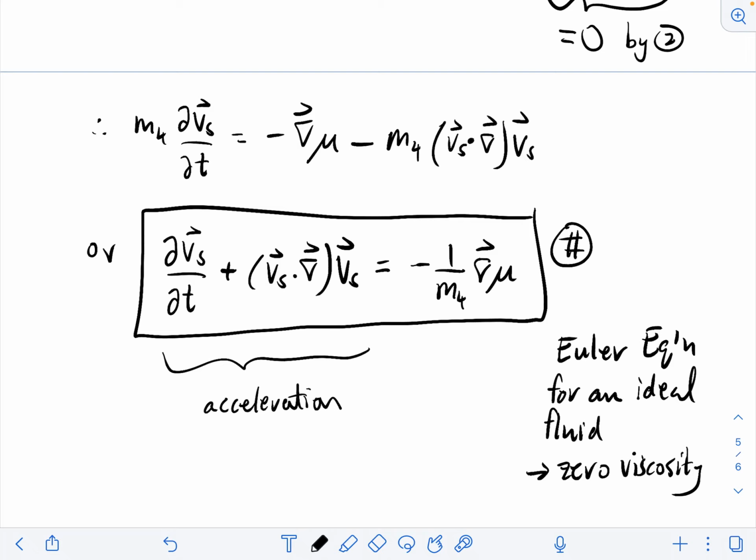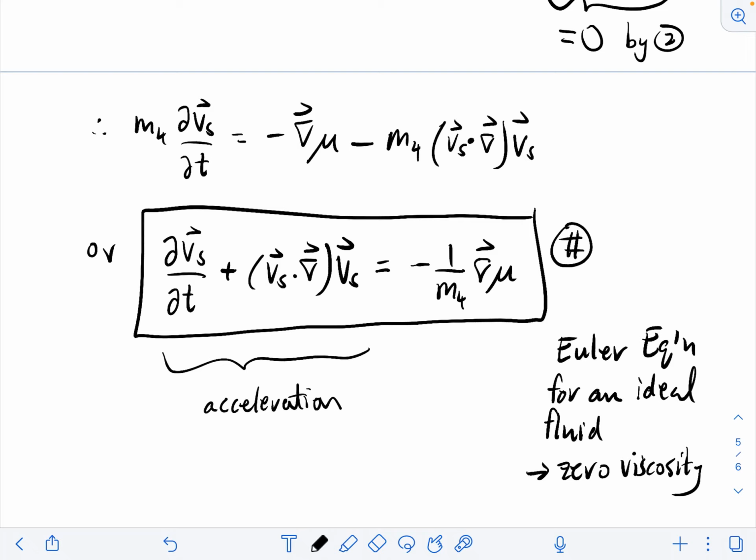On the right-hand side, we have the chemical potential, which we interpreted as the potential energy per particle, and then we're taking the gradient of that. And so the gradient of a potential energy is minus the force, and so we have minus the gradient of mu, which is a force. If we divide by mass, then that is like an acceleration.